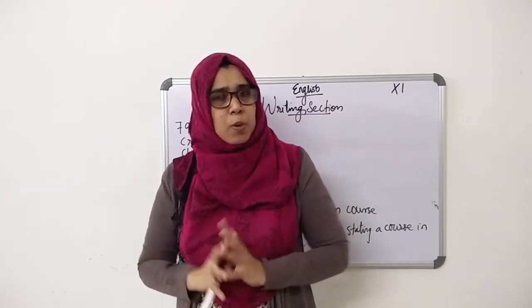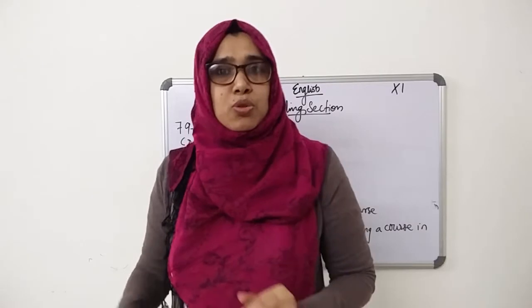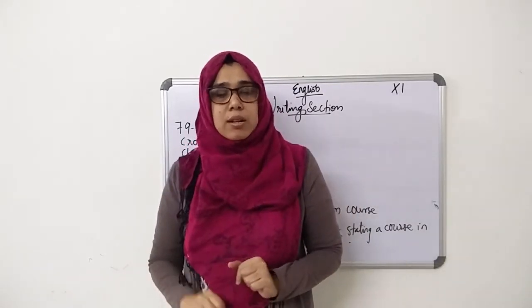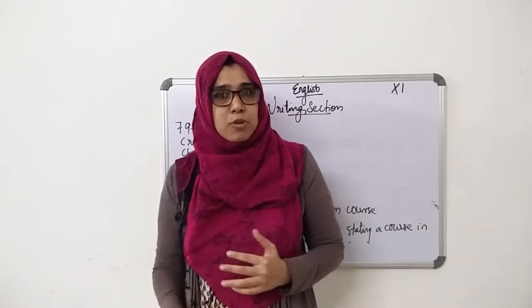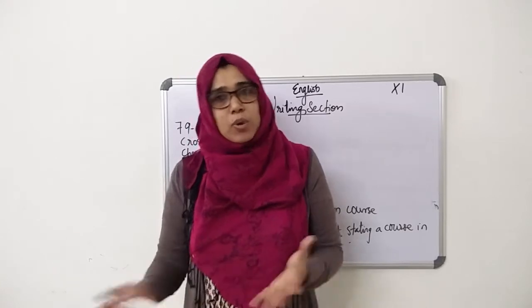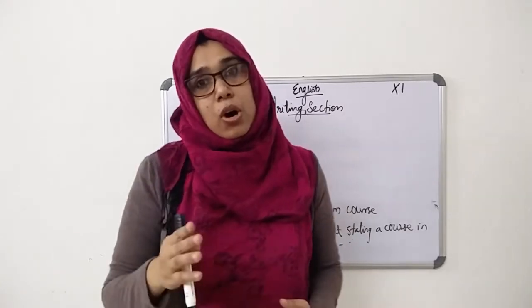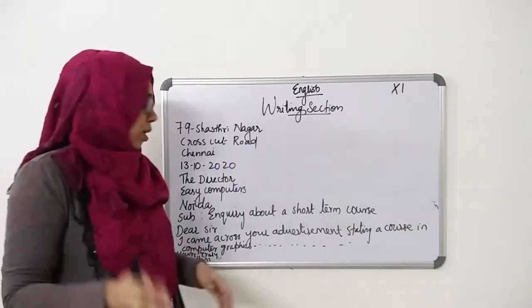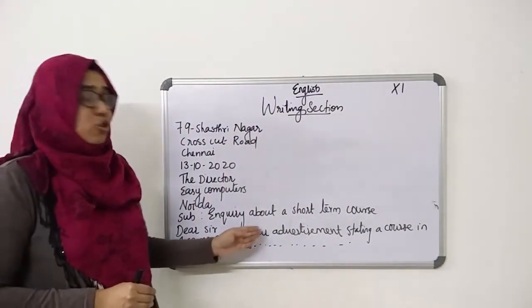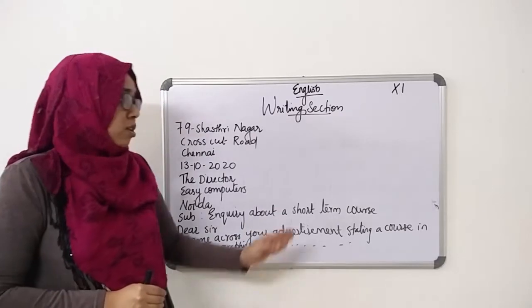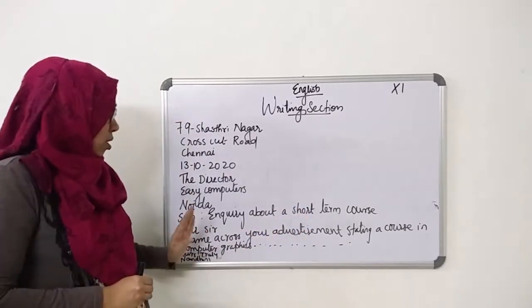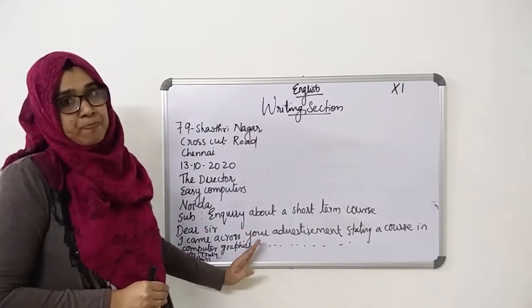So most probably 95% we use this sentence for an enquiry letter. Through the advertisement you come to know the thing or product. So you can use the same sentence for all your enquiry letters: I came across your advertisement stating a course in computer graphics.